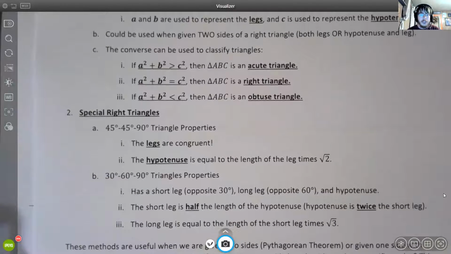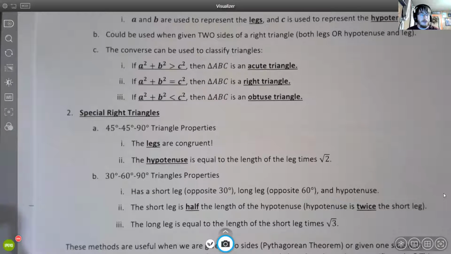Now the next thing we talked about were a couple of special cases for right triangles, and these were the 45-45-90 triangle and the 30-60-90 triangle. In a 45-45-90 triangle, what gives that away is if you have one angle equal to 45 degrees.